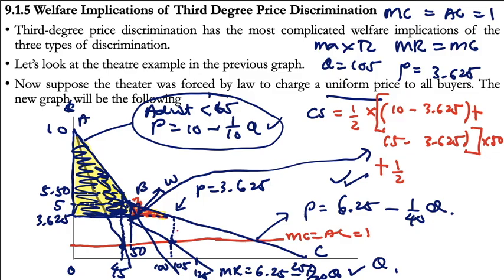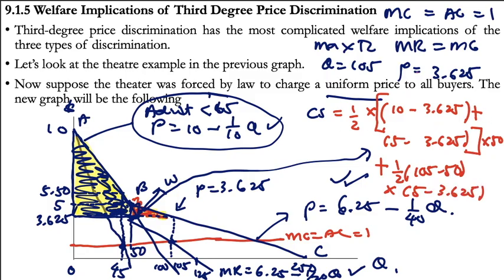Yes, because this one is 105 minus 50. 105 minus 50, and then multiply by the distance that I showed you earlier, which is in brackets, 5 minus 3.625. Let me put it here, because the space is not enough.